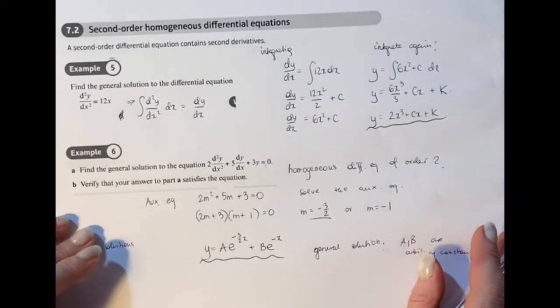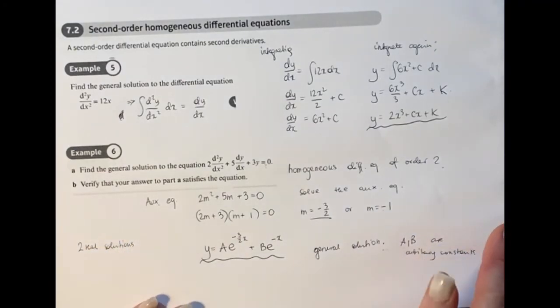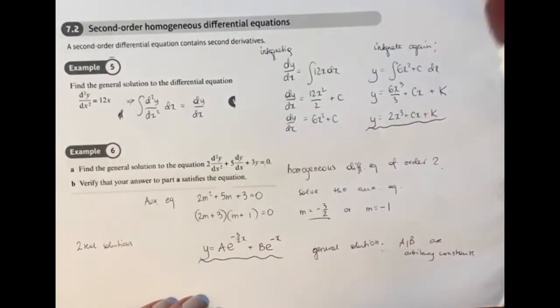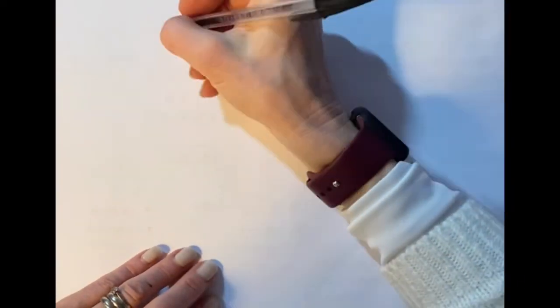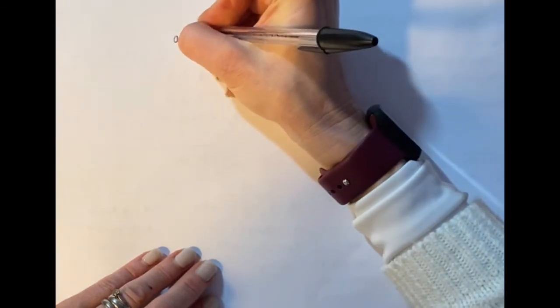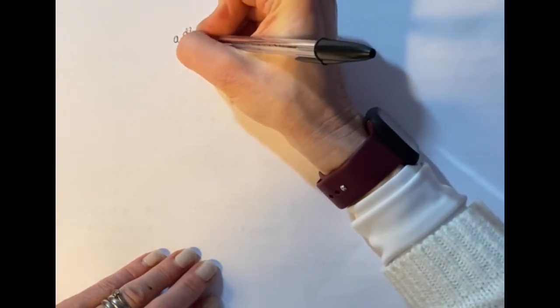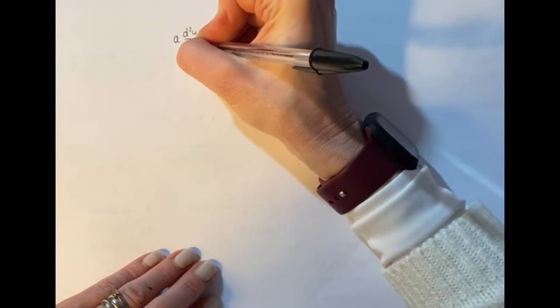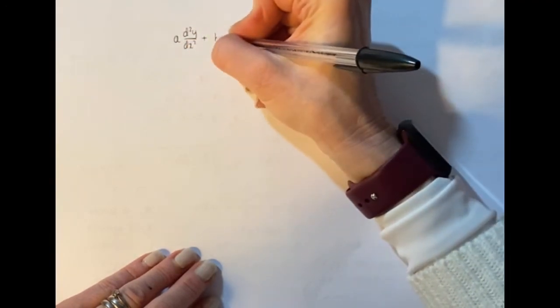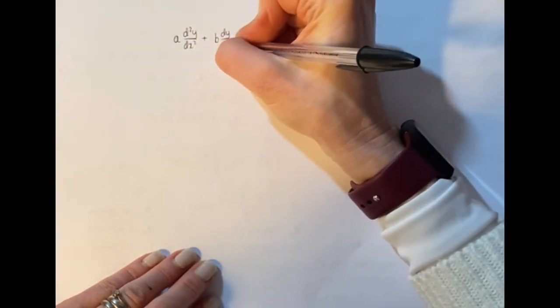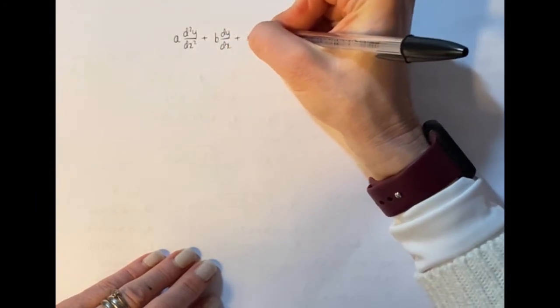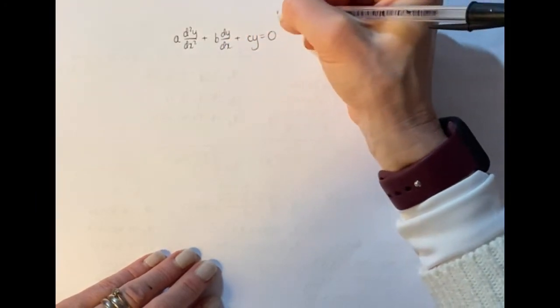Okay, now let's just actually do the general form of these. So in the general situation, when you're solving homogeneous second order differential equations, you can have a d2y dx squared plus b dy dx plus c y equals 0.